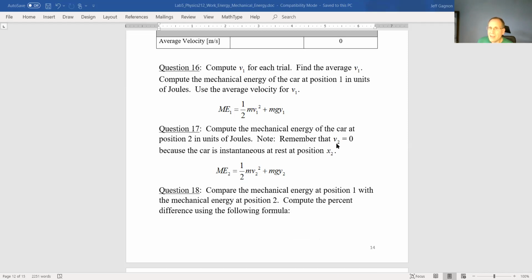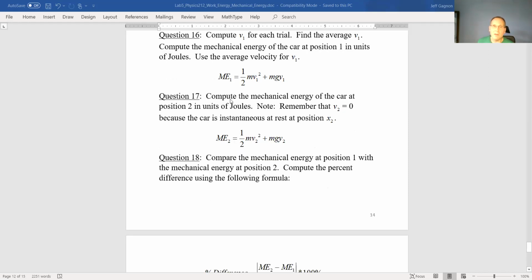Remember, it's instantaneously at rest. Really, rest is not the best way to say it. It instantaneously has a velocity of 0 at that point. So what is the kinetic energy at position 2? It should be 0. So the mechanical energy at position 2 is all going to be potential energy. If you compute this potential energy, that should be the mechanical energy at position 2.